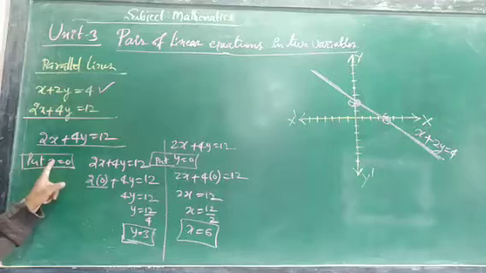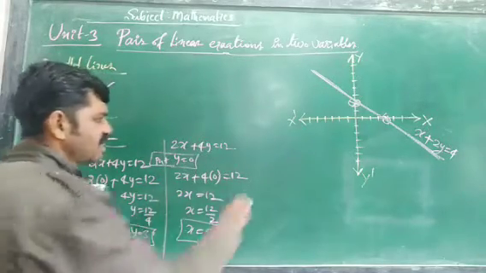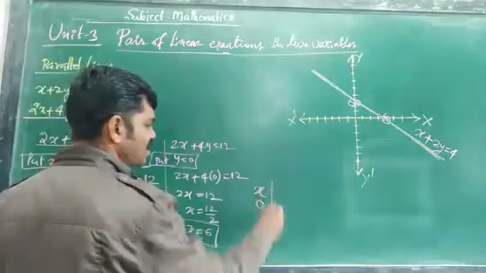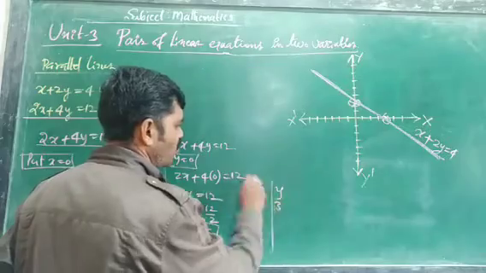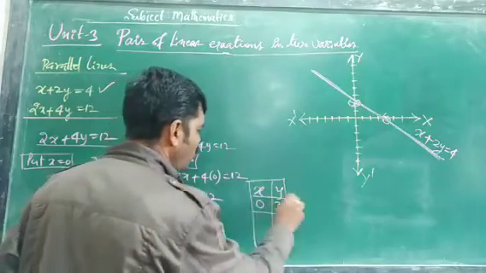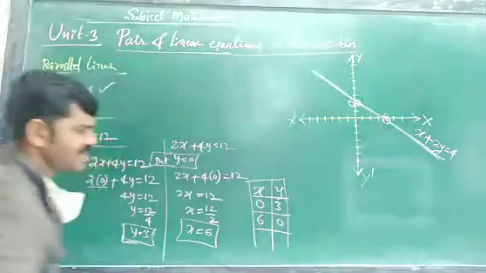So when x given 0, y came 3. When y given 0, x came 6. We are going to tabulate this. When x is equal to 0, the value of y is 3. When y is equal to 0 given, we have obtained x value is 6.